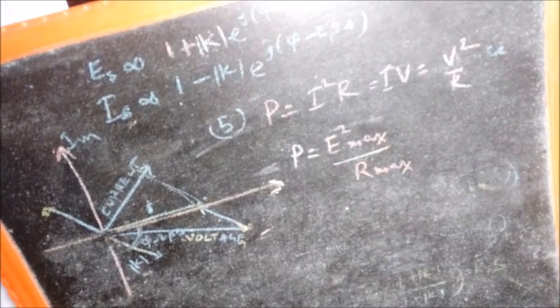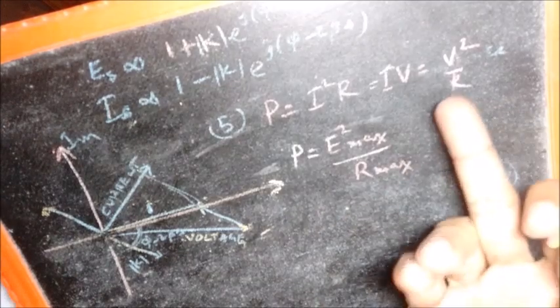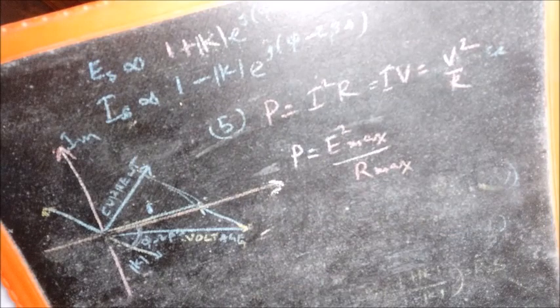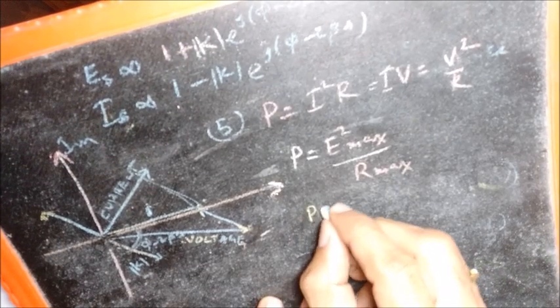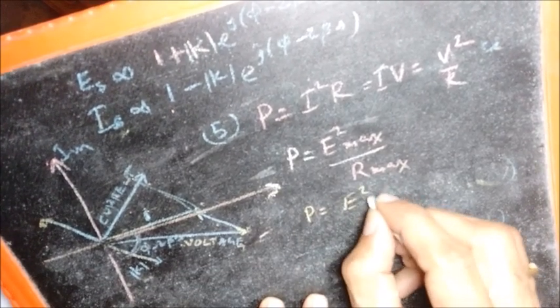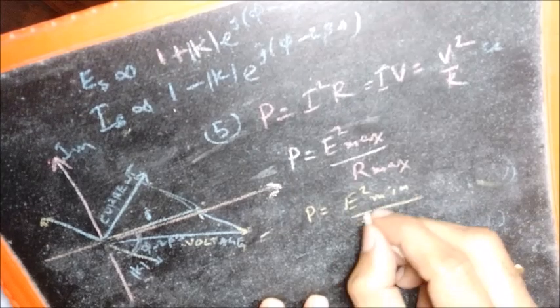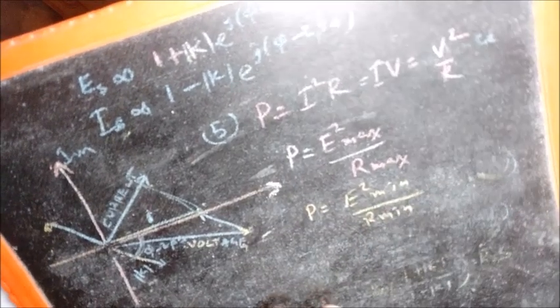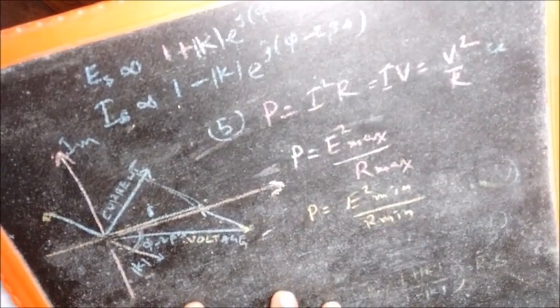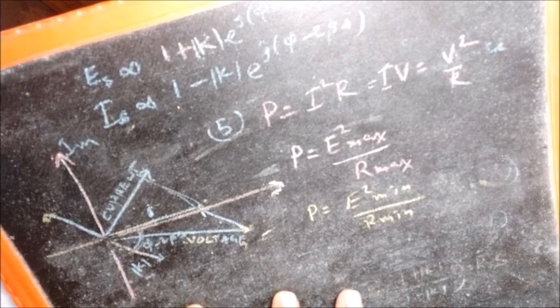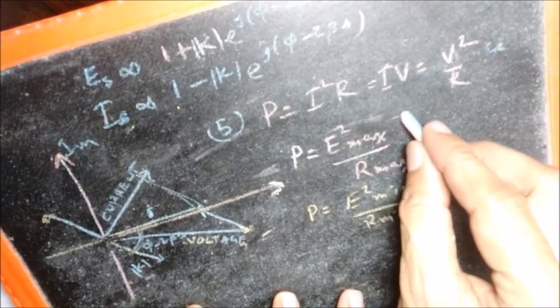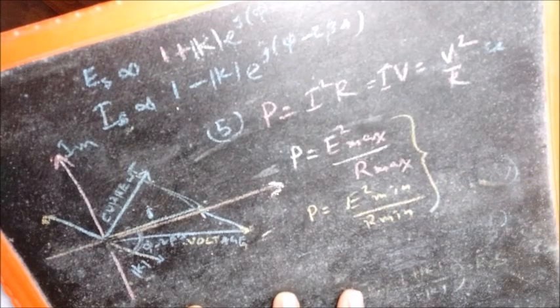At that point the resistance is R max and the power is E square max by R max. And the power at a point where resistance is minimum, or the voltage waveform has its minimum amplitude, is also P. These two will be the same powers because it is a lossless transmission line.